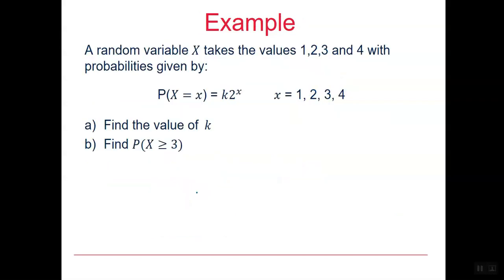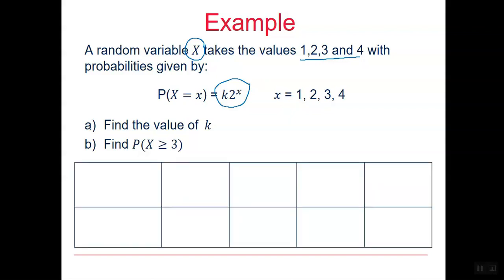We're now going to look at an example. In this case, our random variable, capital X, can take the values 1, 2, 3, or 4. And the probability is given by k times 2 to the power of x. For these questions, it's very useful to draw a table. In the first row, we're going to have lowercase x, representing the individual values that our random variable can take.